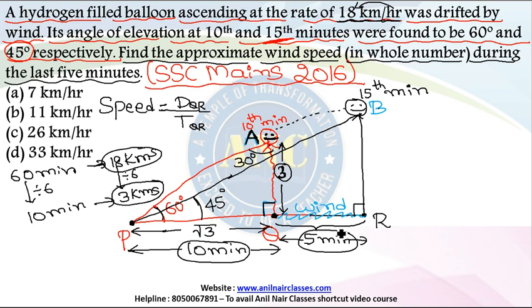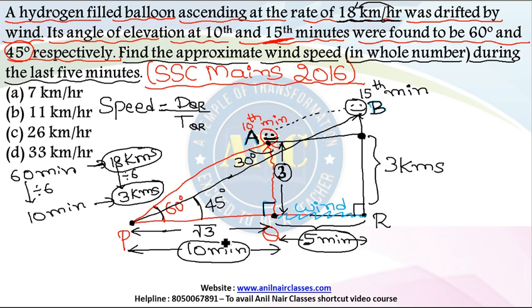Simple. If I put a horizontal line here, the balloon is at point A. That means this particular distance is nothing but 3 kilometers, which is the A to Q distance. The balloon is at this position as of now. Now it is going to point B. From this point, if it has to travel to point B, it takes 5 minutes.